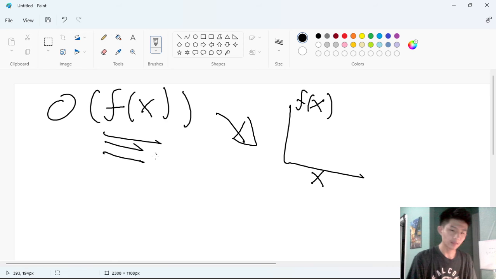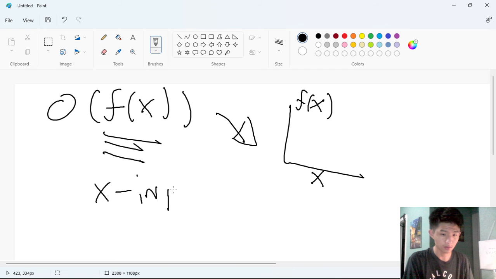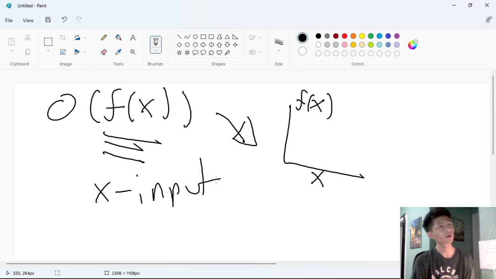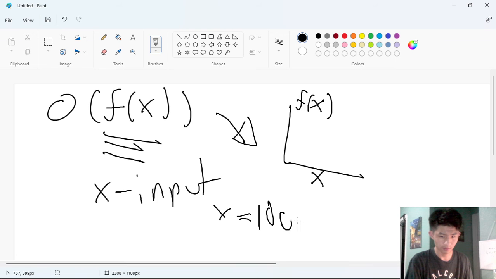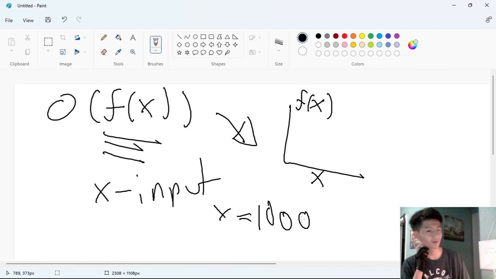And x is the amount of input. The input stays constant for every single notation. So, for example, if I were adding 1,000 elements to an array, x would equal 1,000. Okay, x is not a range.